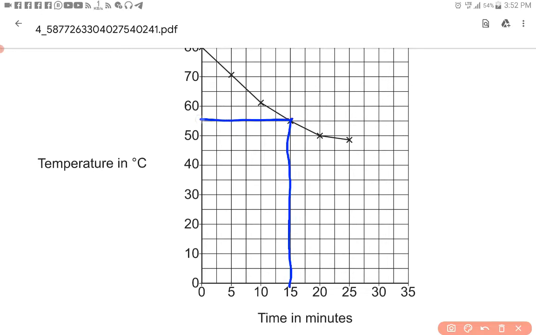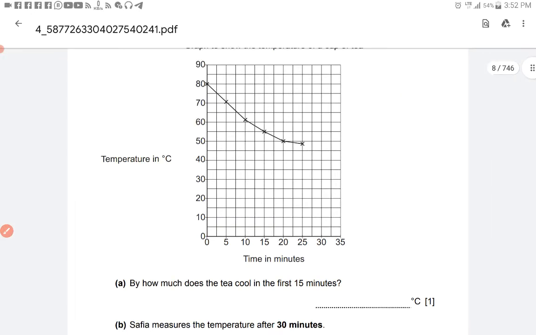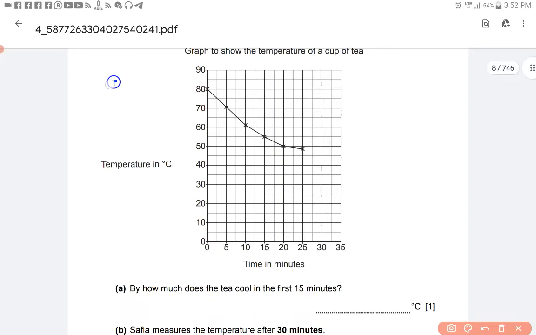So it will be here, 55 degrees. The question says by how many degrees does the tea cool in the first 15 minutes. You will subtract 55 from 80. You will get 25. So the answer here will be 25 degrees.